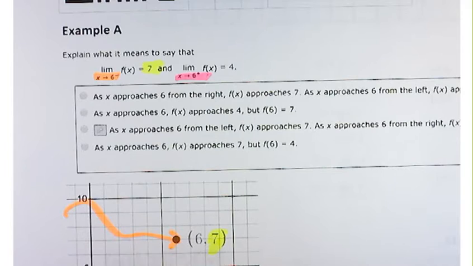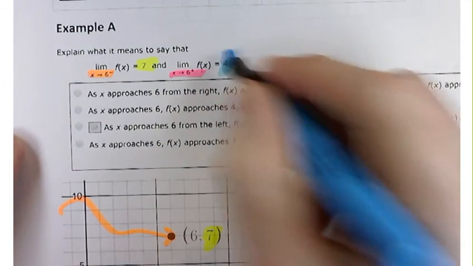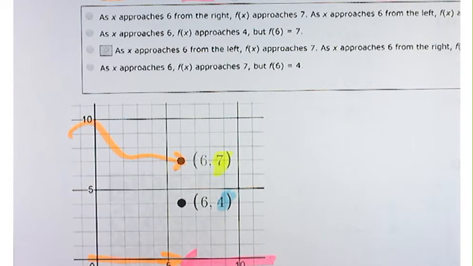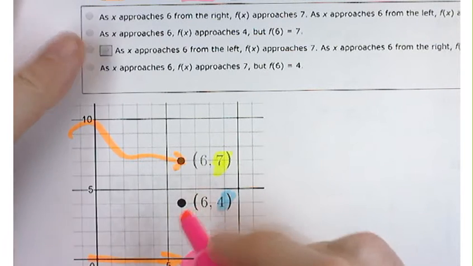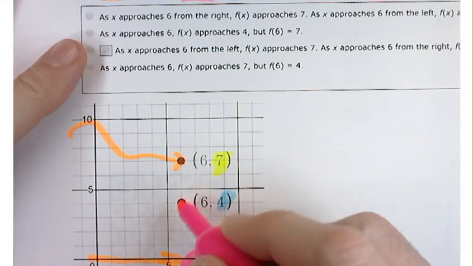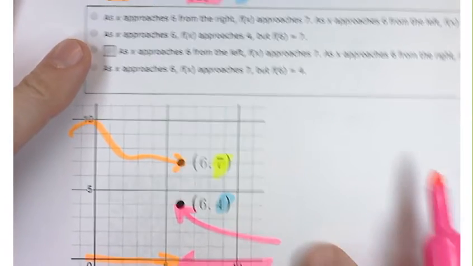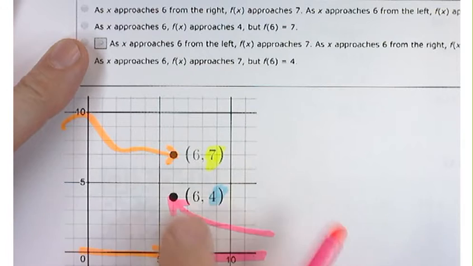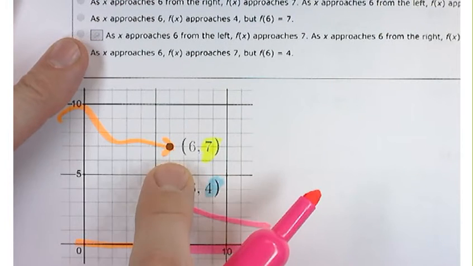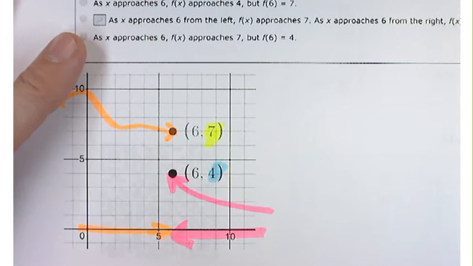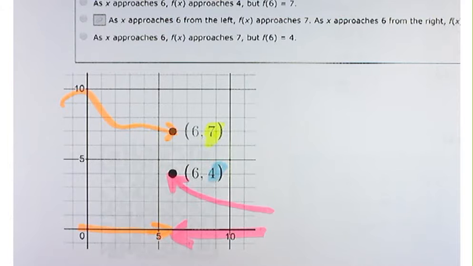Now again, you're going to draw something in here, and basically what you want to draw is something that ends up at this point, so that the limit from the right is 4, and the limit from the left is 7.